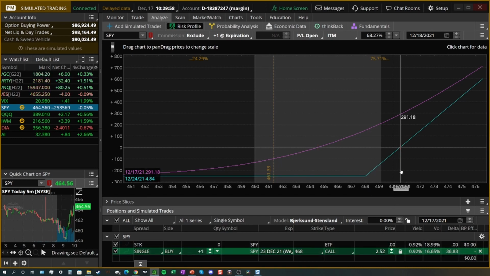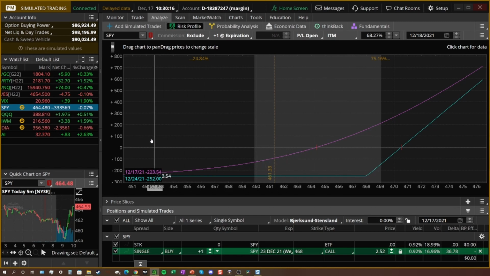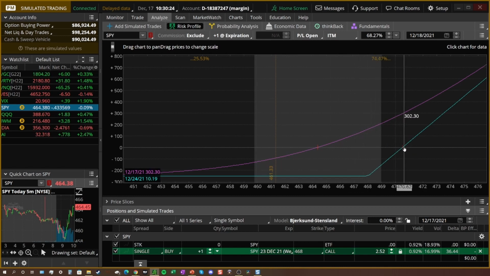That would be 470.52, which is right there. You can see that value down here, just below the cursor, 470.52. And this thicker line is 0. So that is where you are breaking even, and that's where they intersect.